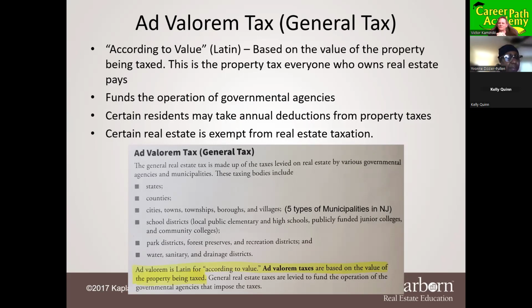They're an Ivy League college with a huge endowment, but yet they're still getting our taxpayer dollars. Our park districts, forest preserves, recreational districts, green space expansion programs to preserve open space and parkland, water, sanitary, drainage districts. They all get some of our tax dollars, our property tax dollars, to fund them. All right.